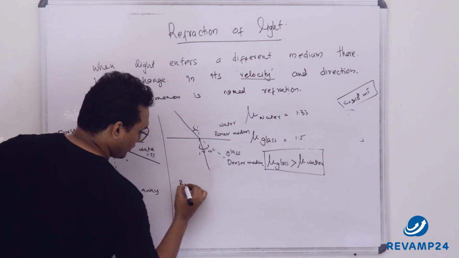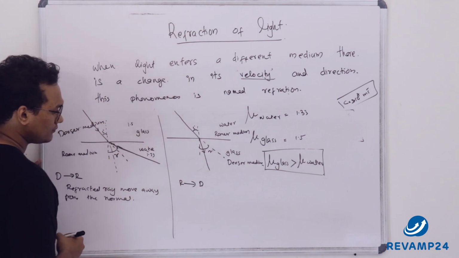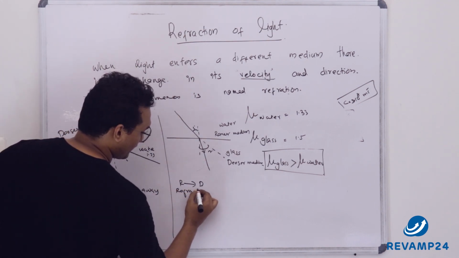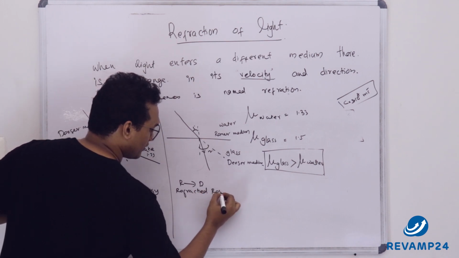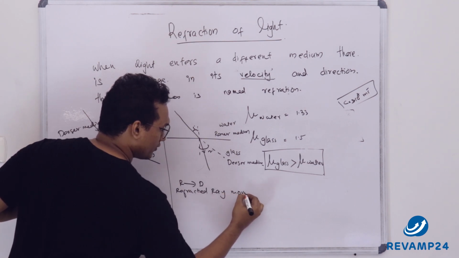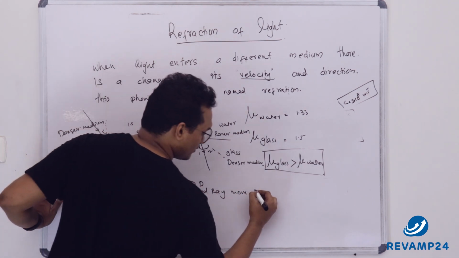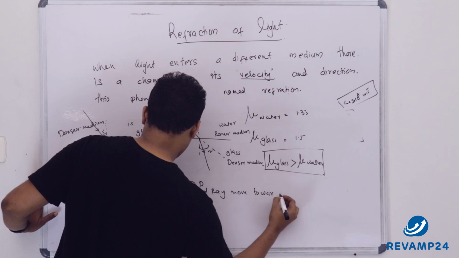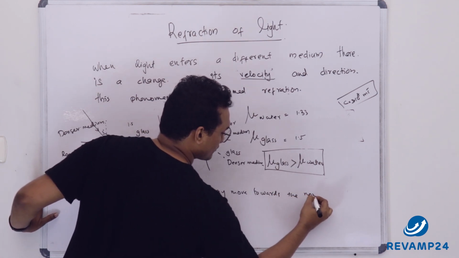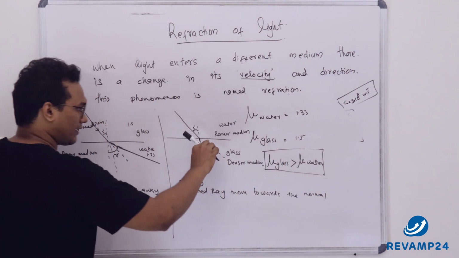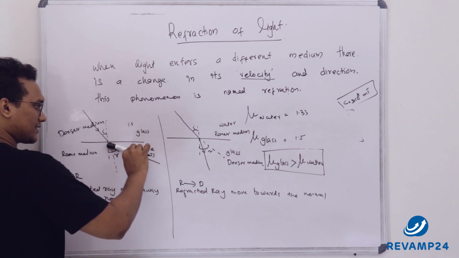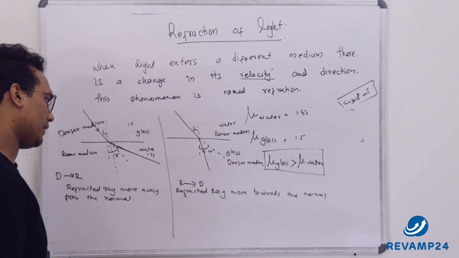Now from rarer to denser, what will happen? After refraction, the refracted ray moves towards the normal. See, here the ray goes towards the normal, and here the ray, which was supposed to go in this direction, goes away from the normal. This is the normal here.